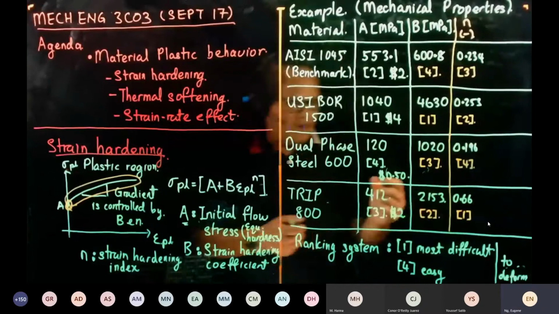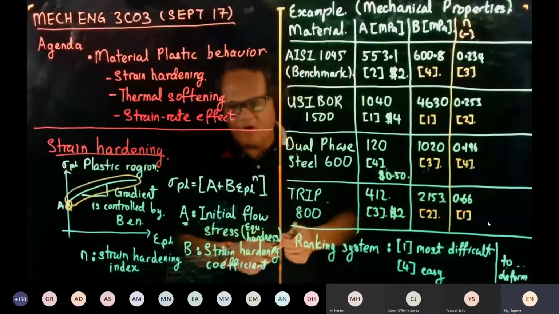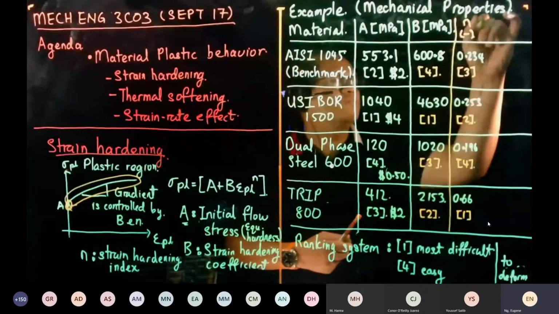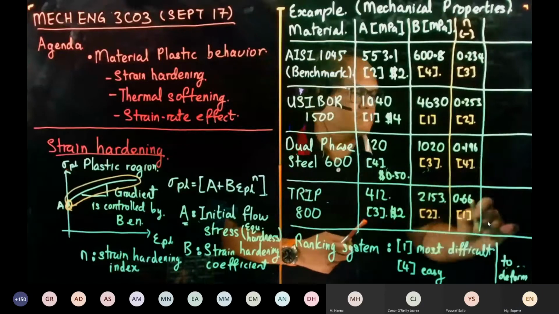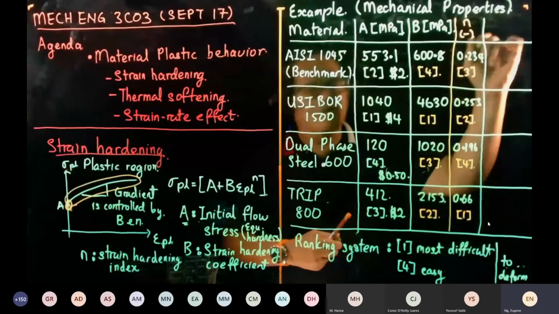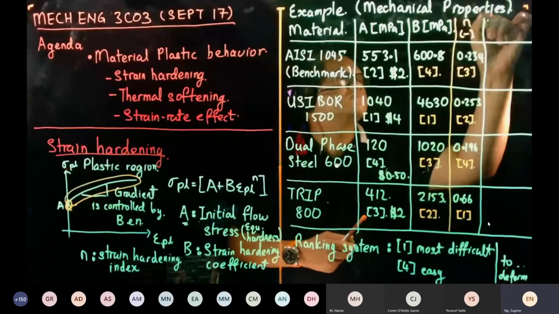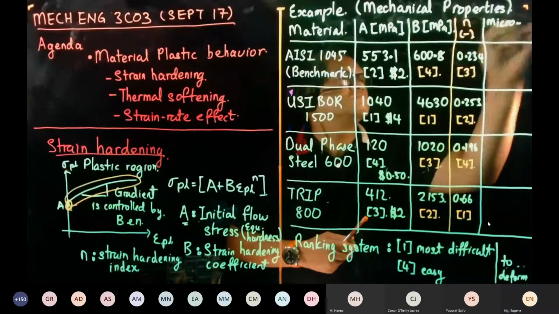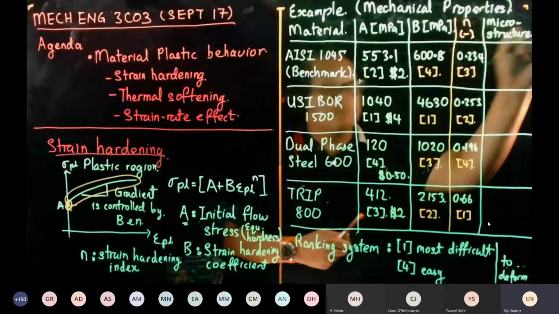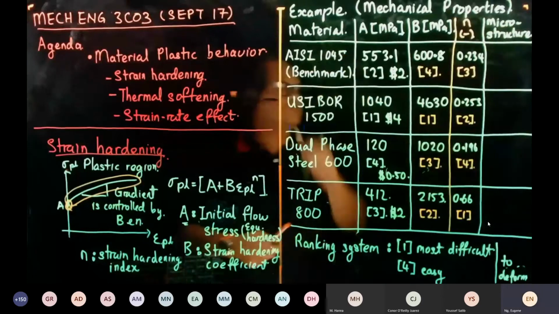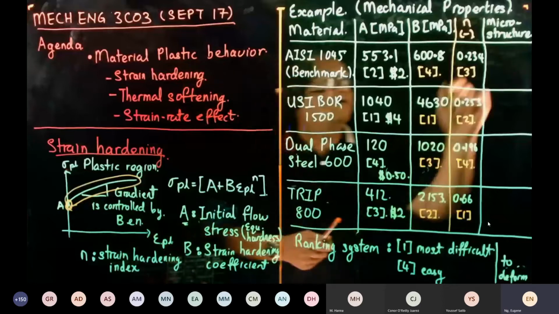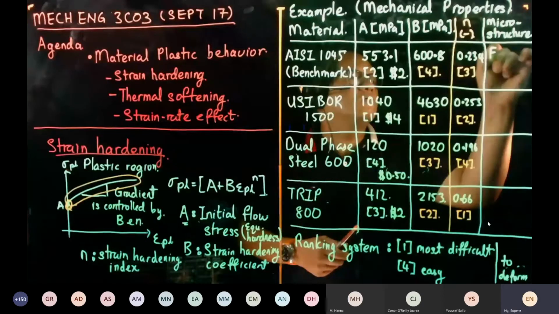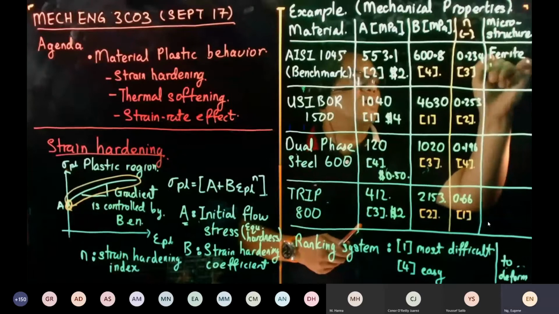Then I'm going to introduce another column, which is our microstructure. So we are going to look at our microstructure at the edge. The microstructure for AISI 1045 is ferrite plus pearlite.